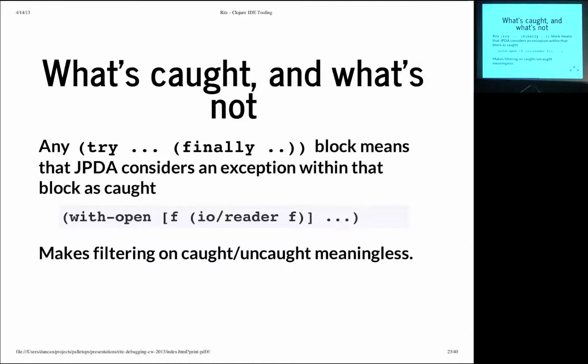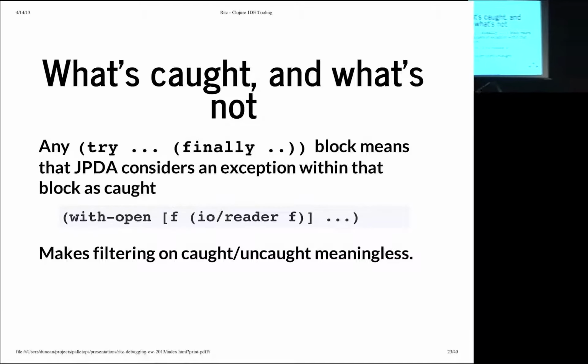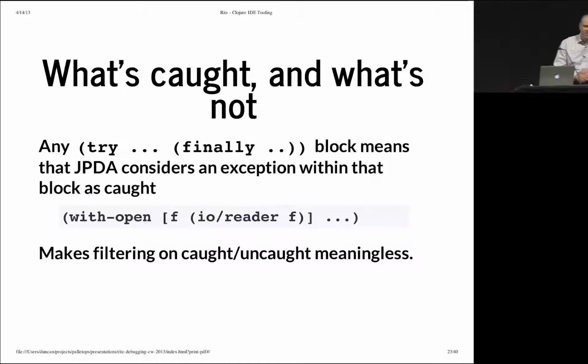The Java Toolkit provides facilities for catching caught and uncaught exceptions, which you'd think would be very useful to expose. But unfortunately, it doesn't really help us in the Clojure world, because every try finally block creates a catch context, essentially. So if you have any try finally block in your code, all your exceptions are effectively caught.